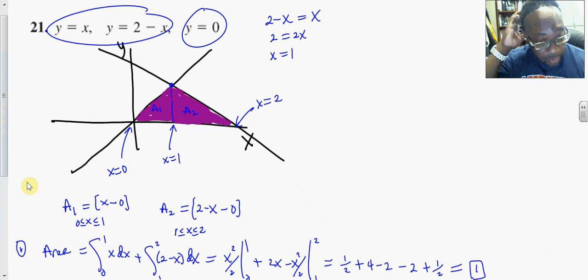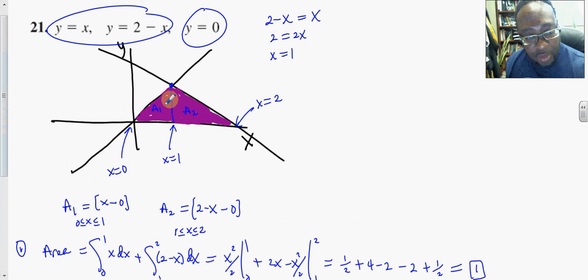With respect to x, you look for two vertical lines. With respect to y, you look for two horizontal lines. So the two horizontal lines were here. If x is 1, y is 1. And then down here we get y equal to 0.